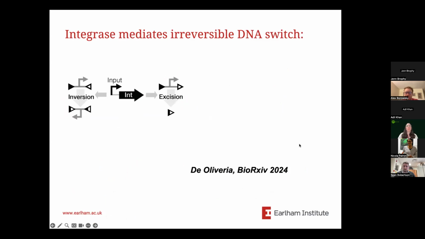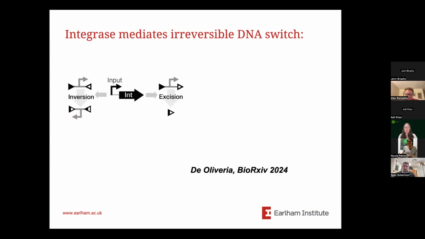It is integrase. I would say one of the big differences of integrase, in comparison to all the previous circuits, is that it mediates an irreversible DNA switch, meaning that when the input has been present, the input is considered as on in those logic circuits even if it is not present anymore.